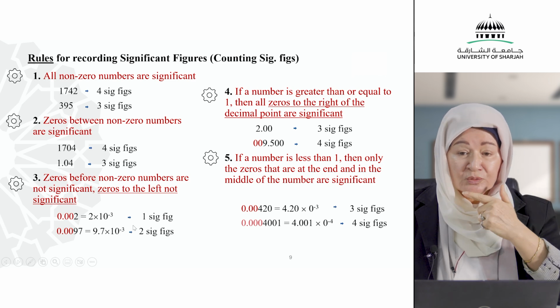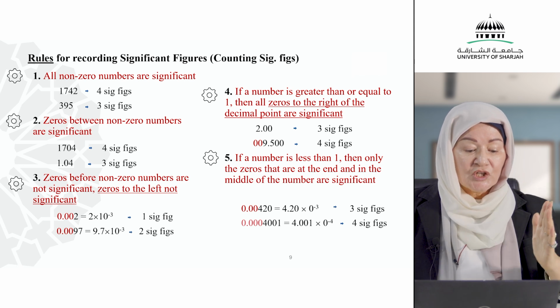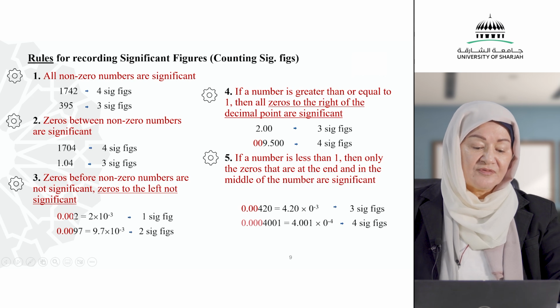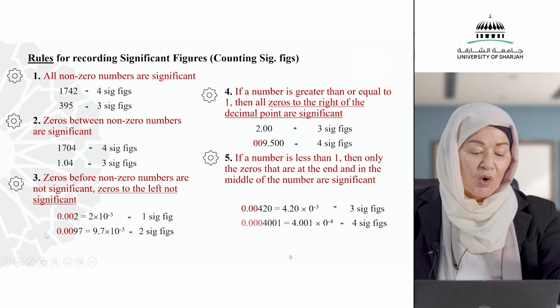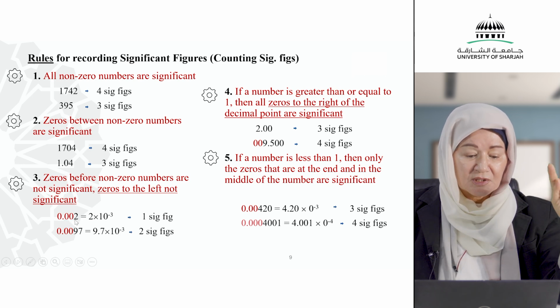But in the third rule, I have to pay attention and check whatever zeros are at the left. I don't consider them as significant figures. 0.002, I had it for you in red. This 0.00 is not significant.